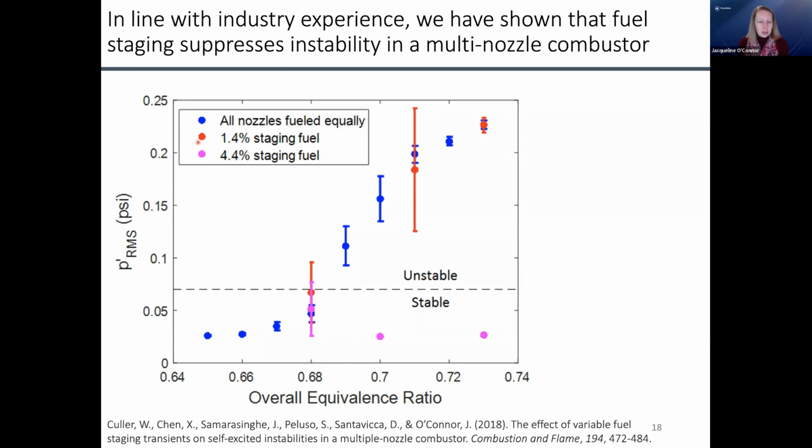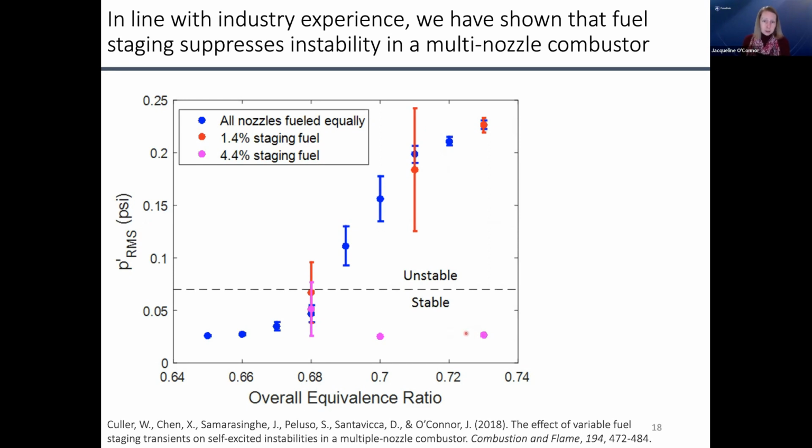So what we're showing in the 2 other dots here, if we take 1.4% of the fuel and we add it to the center nozzles, subtracting it from the outer nozzles, that's 1.4% staging, it doesn't really do much. But if we take 4%, these are the magenta dots down here, we can get up to much higher equivalence ratios, but have basically no instability whatsoever.